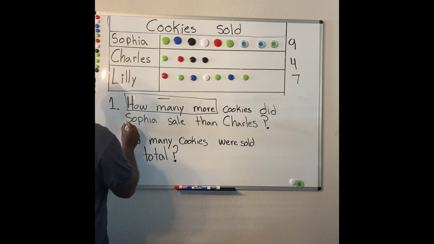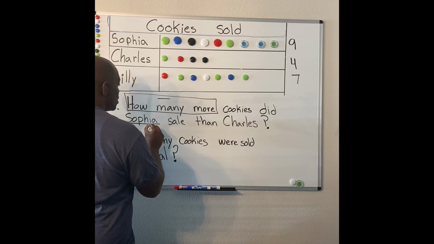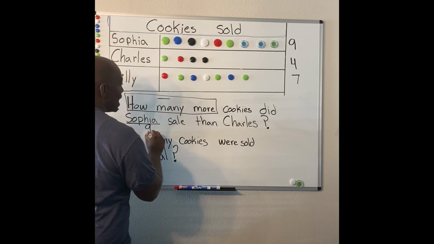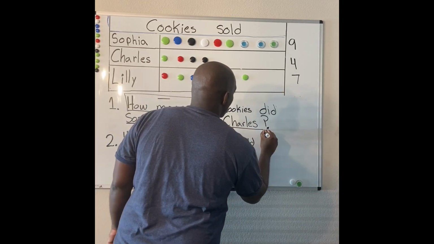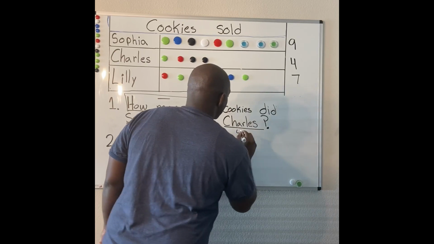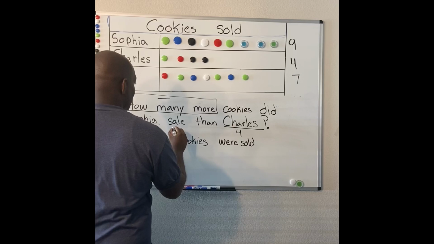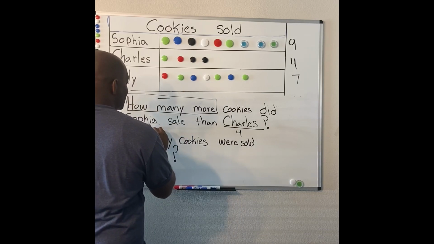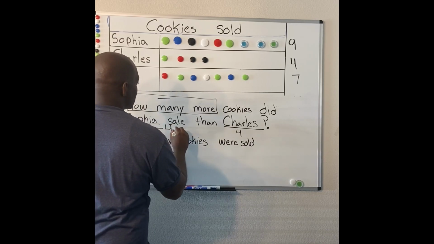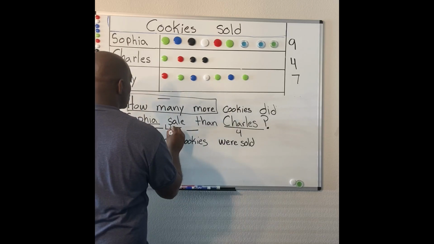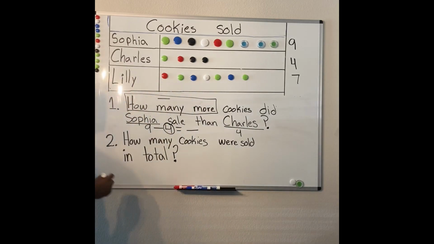Well, we're dealing with Sophia, who had 9, and Charles, who had 4. So what is 9 minus 4? Well, circle 4. It's in our mind bank.